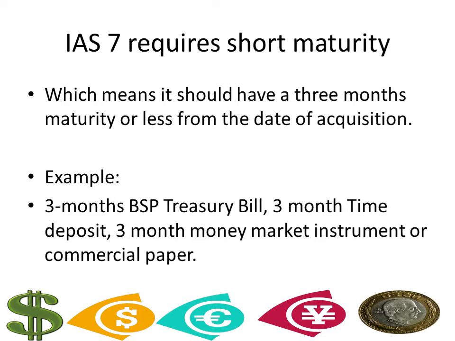Examples of these are a 3-month BSP Treasury Bill, 3-month time deposit, 3-month money market instrument, or commercial paper. So you have to check whether you acquired this particular account 3 months before its maturity. So be careful with the dates.